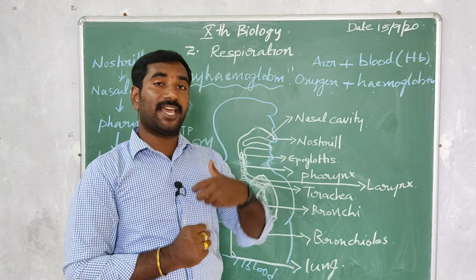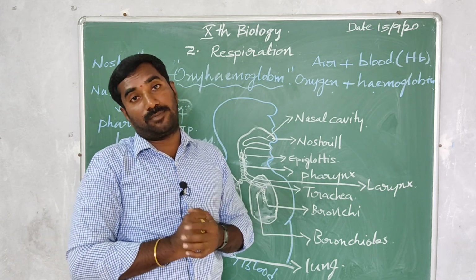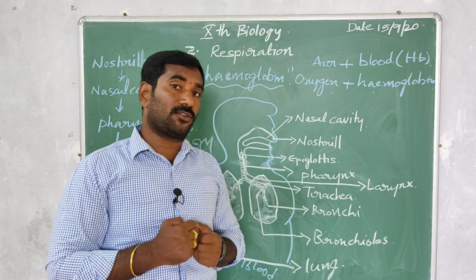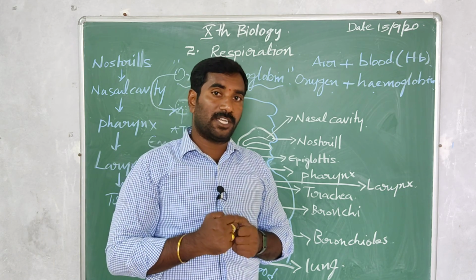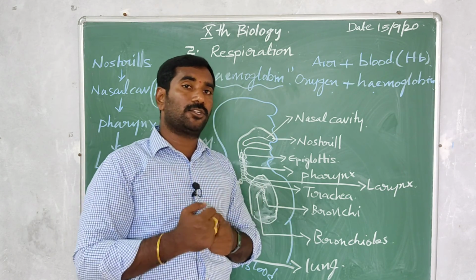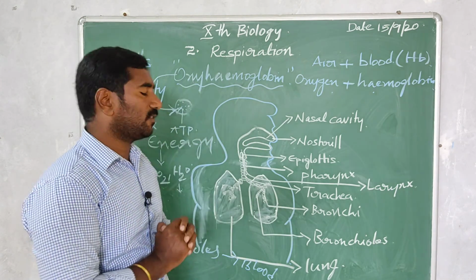If hot air is sent directly to the lungs, the lungs will be damaged. If cool air is sent directly to the lungs, the lungs will be damaged. So the wet nature of the nasal cavity converts the air to a normal condition.